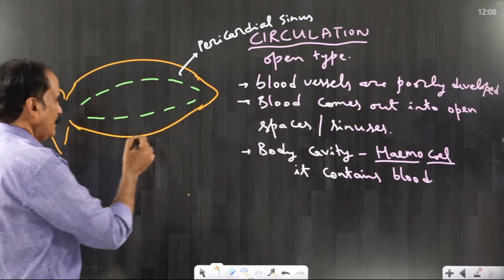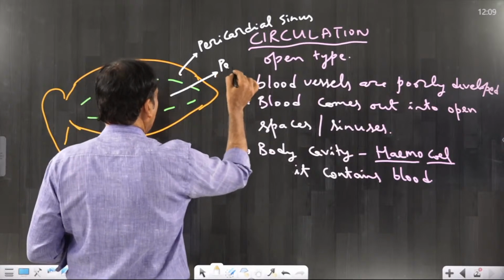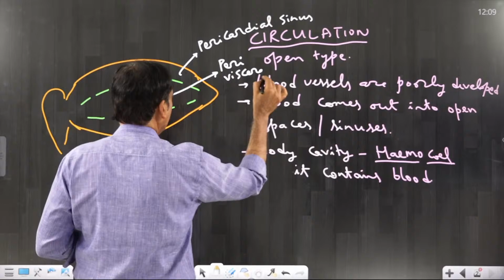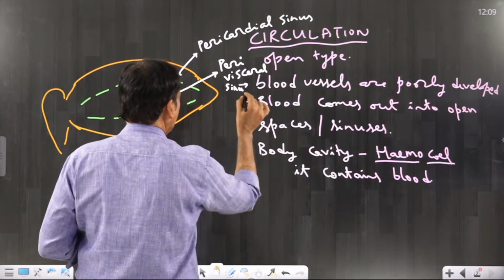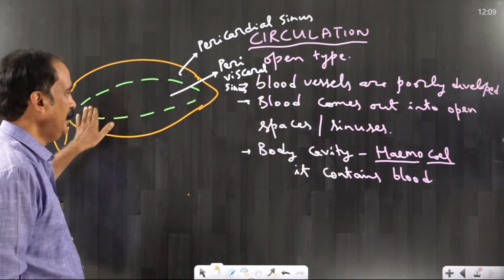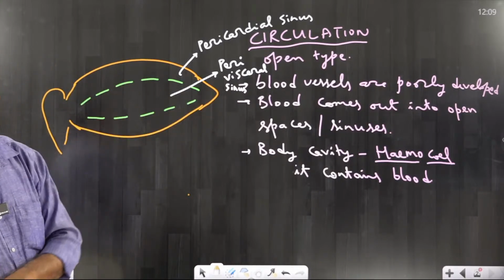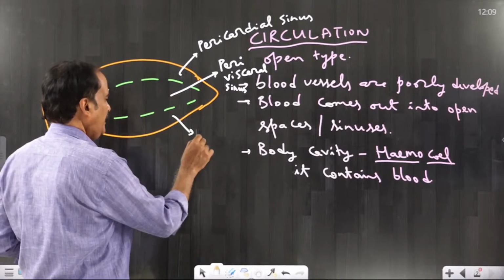The middle one is called the perivisceral sinus because it encloses viscera, the internal organs like your alimentary canal and other structures. The lower one is called perineural.